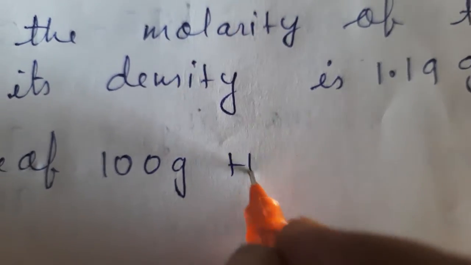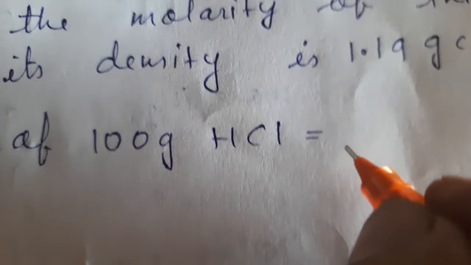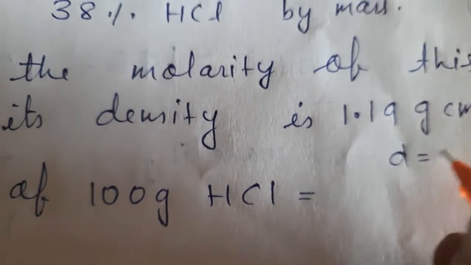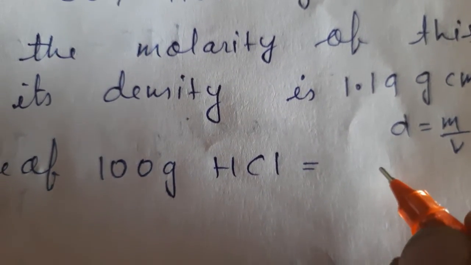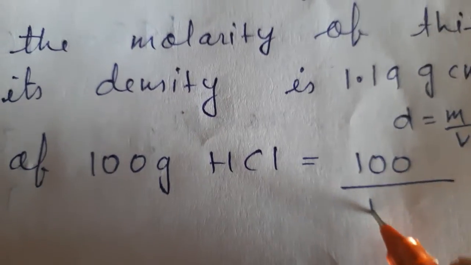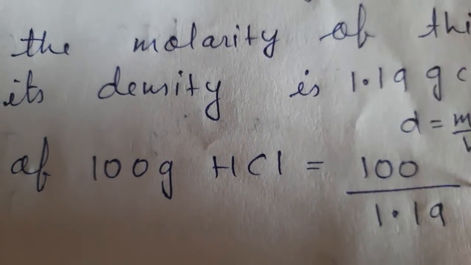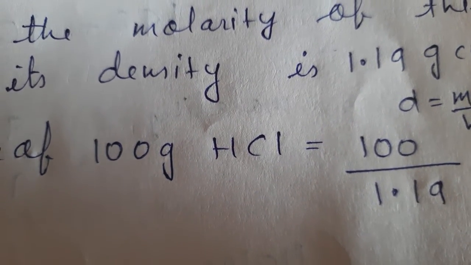For this, children, first we will calculate the volume of 100 gram HCl. How will we calculate? Same formula, D is equal to M upon V. So volume is equal to M upon D. M is 100. What is the D? Density given 1.19. When you divide, it will become 84.03 cm cube.